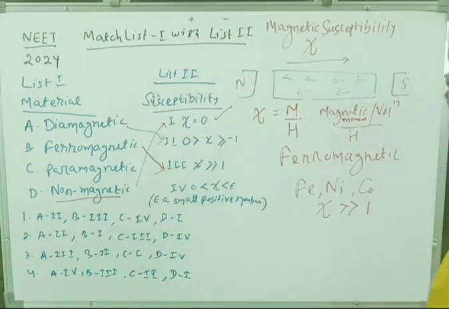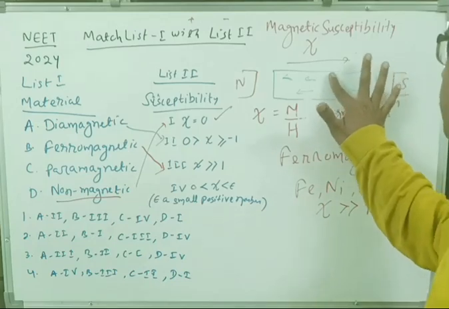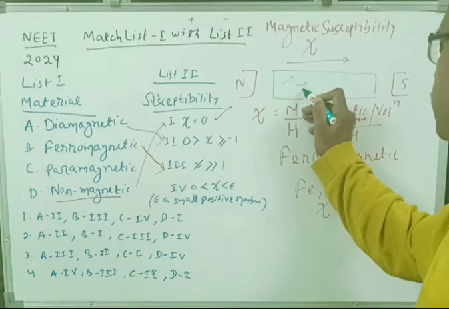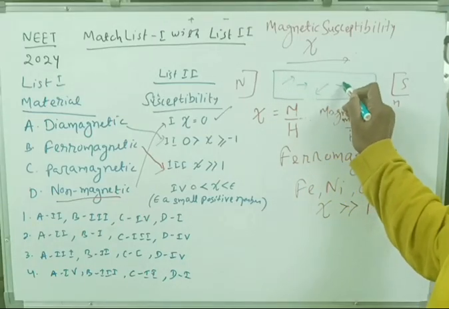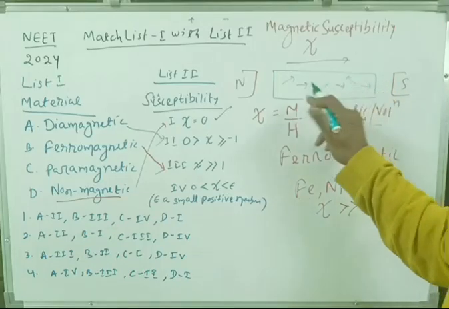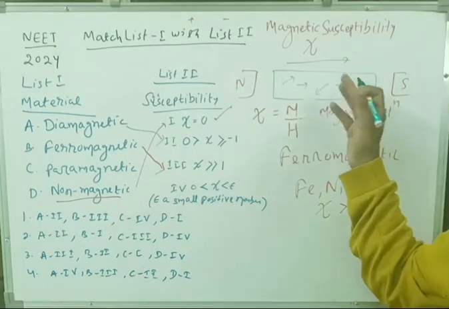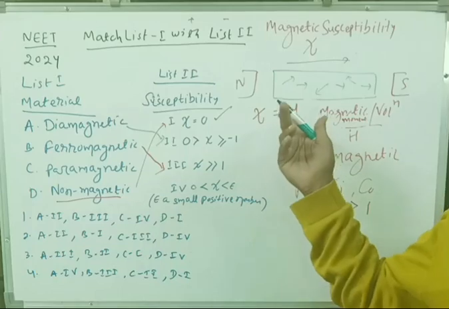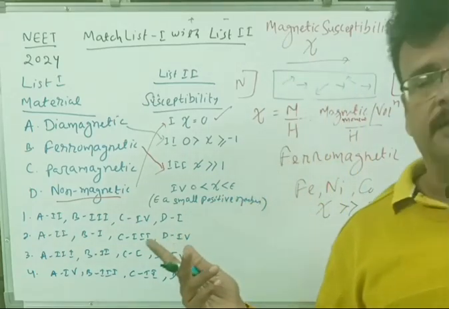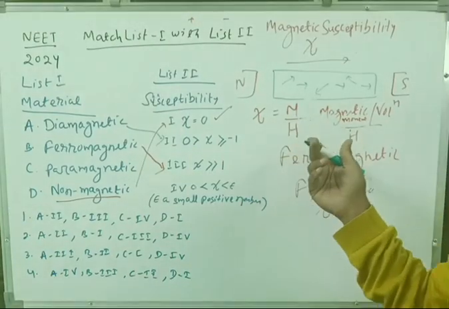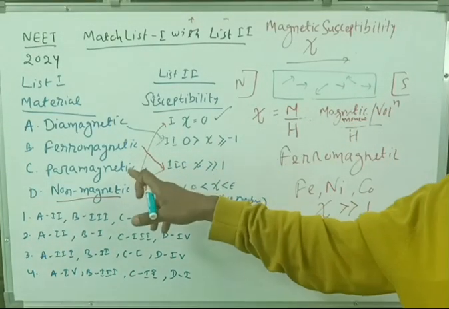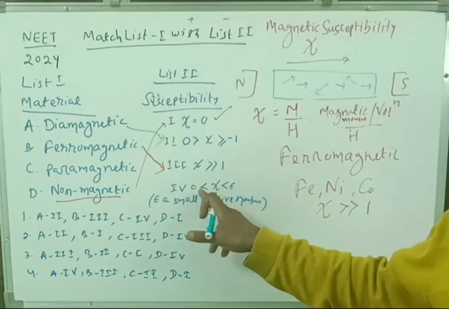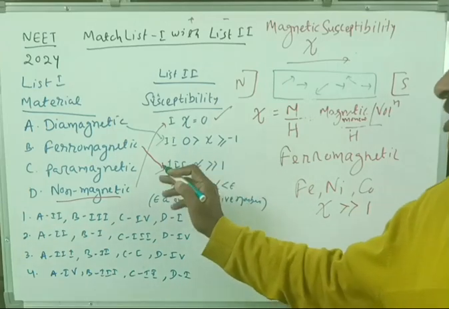And if some of the atomic dipoles are aligned in a weaker way, while most of them remain randomly aligned, this produces a little magnetism in the material, and such materials are called paramagnetic. For them chi is greater than 0, a positive number, but a small number.